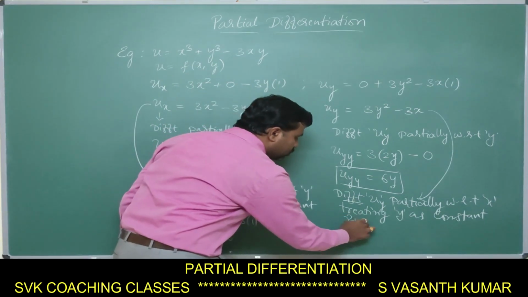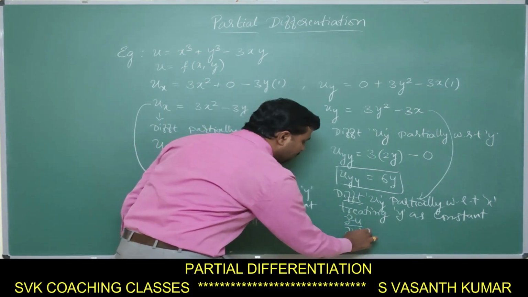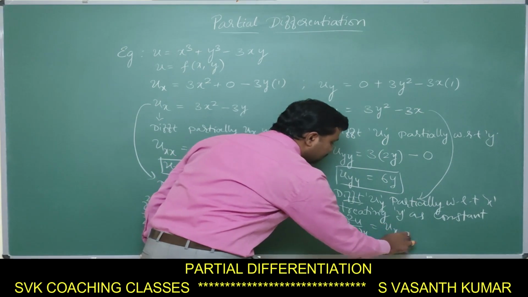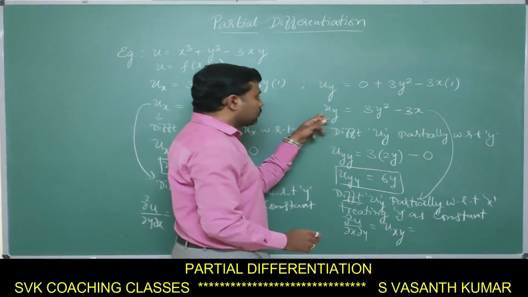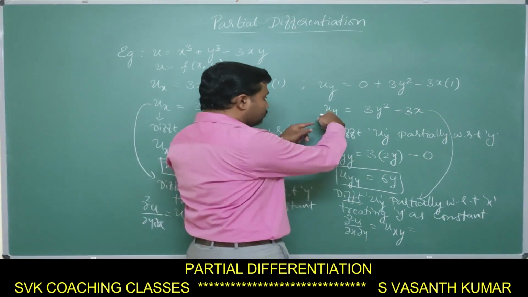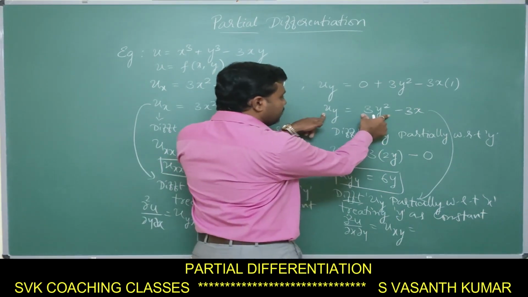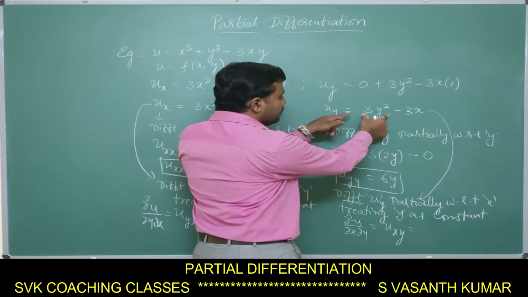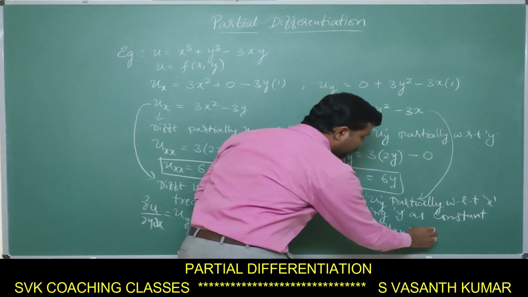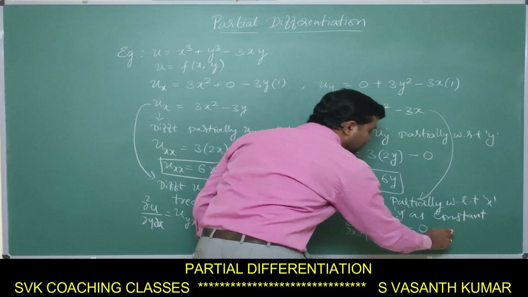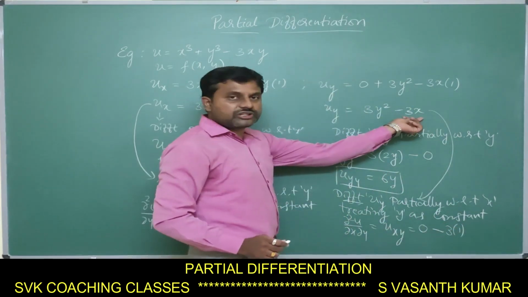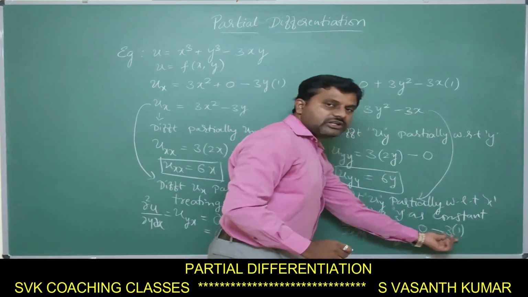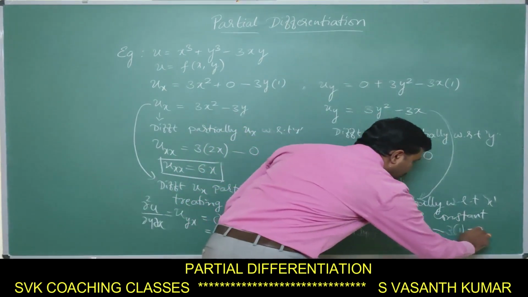Del square u by del x del y, or it is also denoted as uxy, which is the derivative of uy with respect to x. So 3y square, the product of this term is constant, therefore derivative of constant is 0. Minus 3 into derivative of x with respect to x, which is 1. So minus 3 into 1 is minus 3. Therefore this value is minus 3.